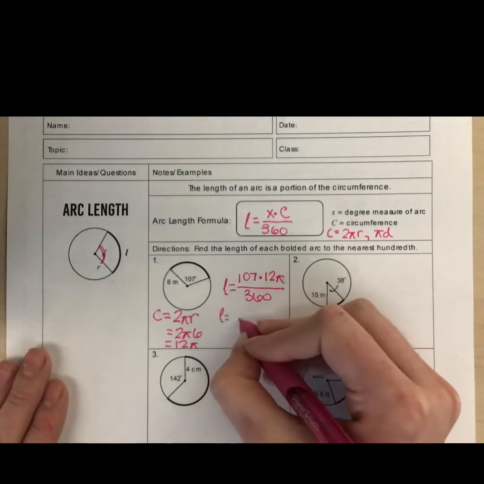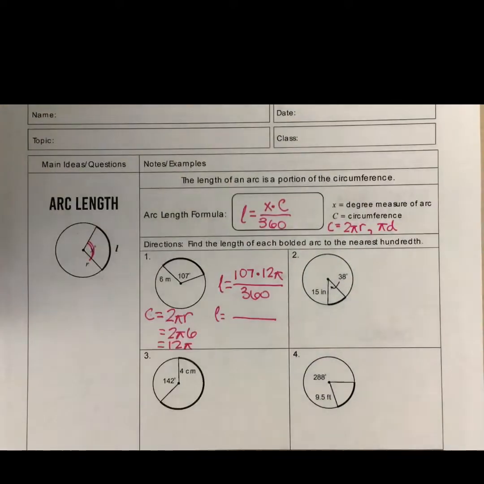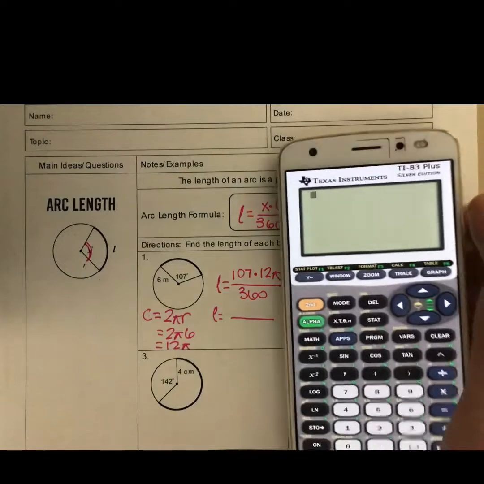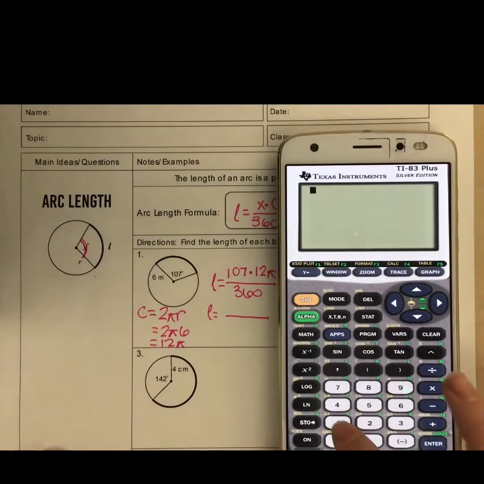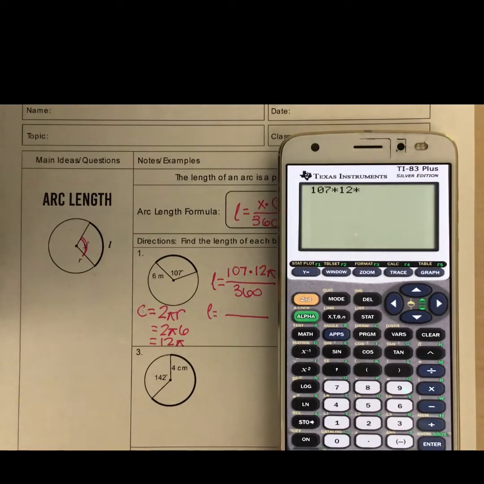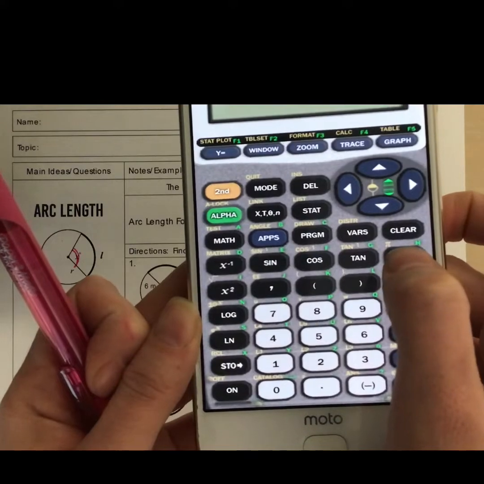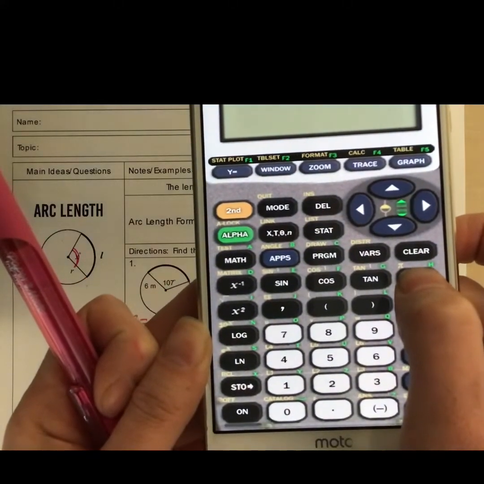So we'll get L equals, take out our handy dandy little calculators here. We take 107 times 12 times, now we need to figure out where pi is. We want to be as exact as possible. Well, you'll notice, if you look really closely, right here above my caret key, for my second function, that's actually pi.